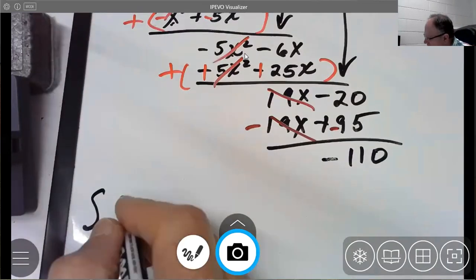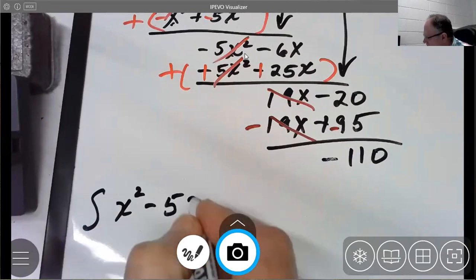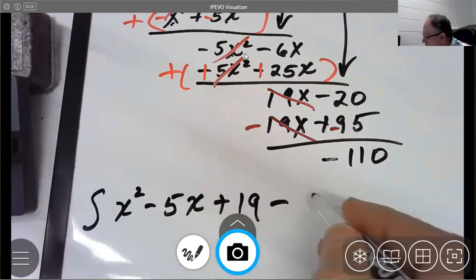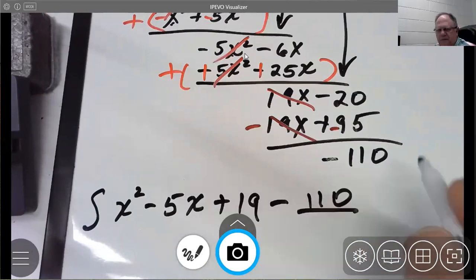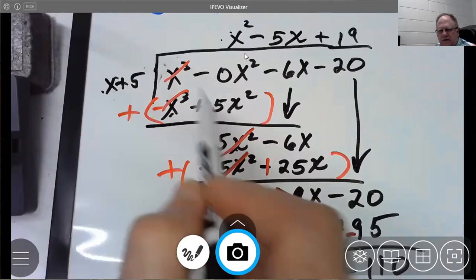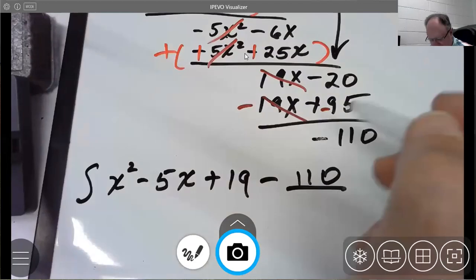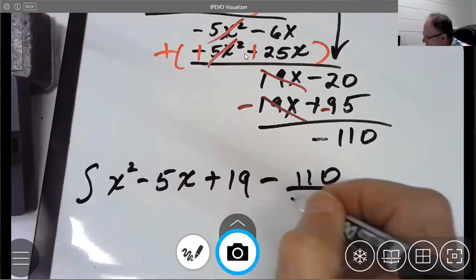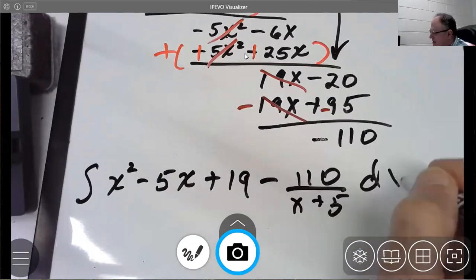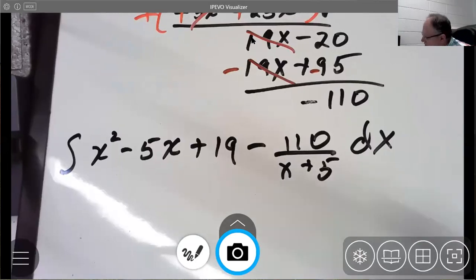So this will be x squared minus 5x plus 19 minus 110 over, that'll be the remainder over the divisor, x plus 5. And now this we can integrate.